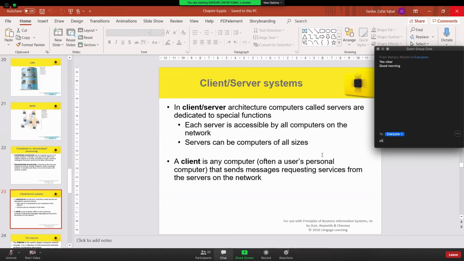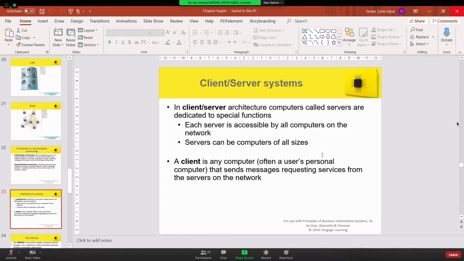Yeah, but we don't know. Dr. Client, it's like a user. It's in the server, and the servers respond to the client. Very good. Absolutely right.